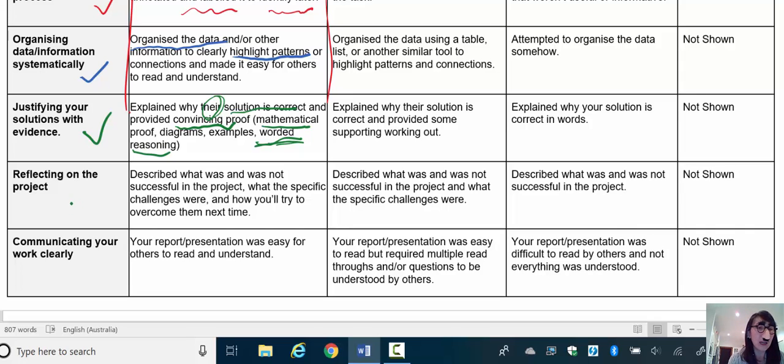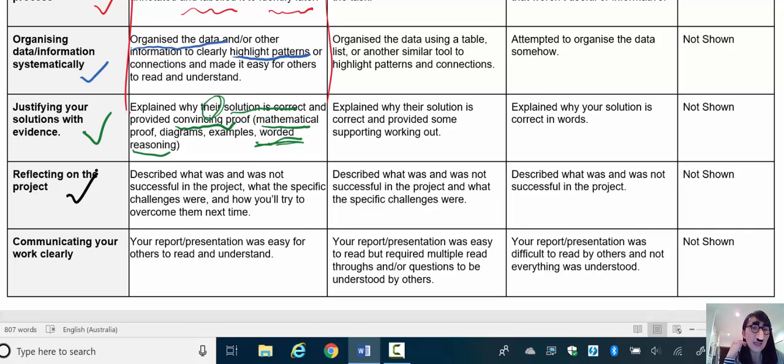Then for the reflection on the project, this part refers to the discussion and conclusion of your report. You have to describe what was done successfully and what you haven't achieved, specify the challenges, and explain how you will do it better next time.